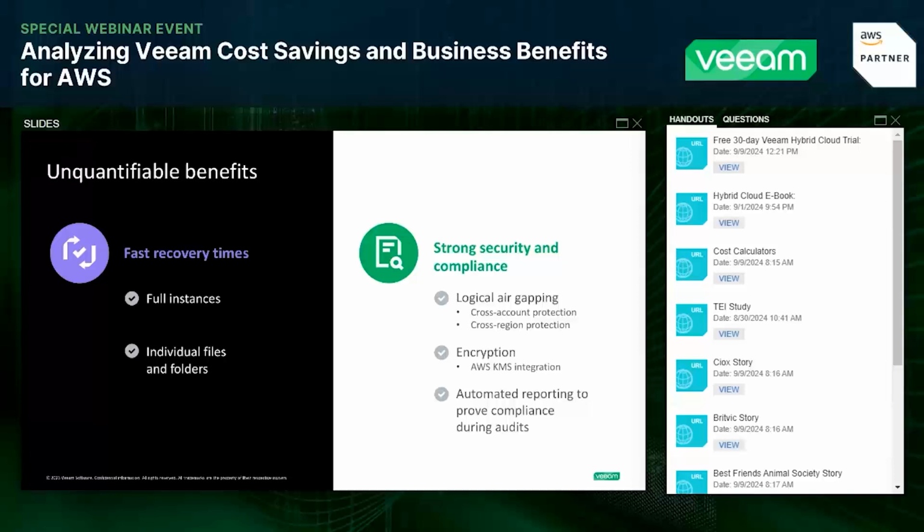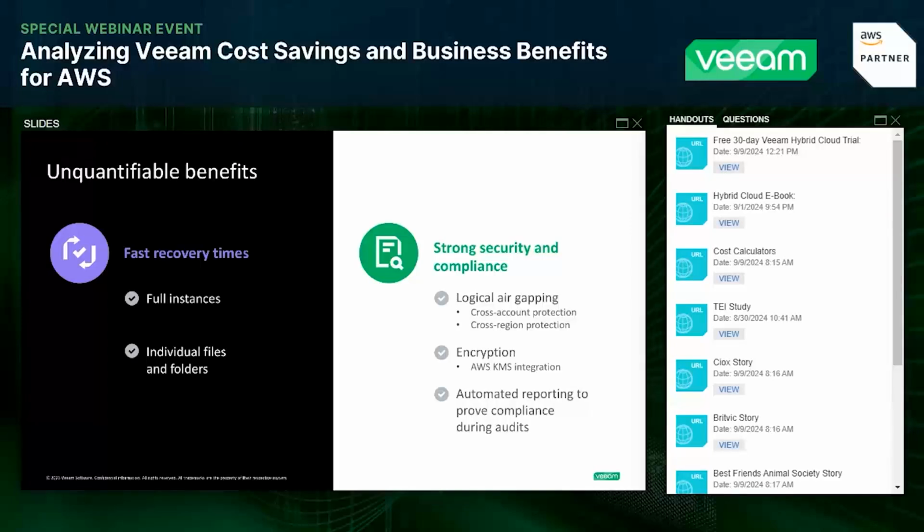As you'll read in the study, the interviewee stated, "File and folder recovery using Veeam with AWS is much cleaner and faster than with our previous product." So not only was this organization more efficient in their recoveries, but it also was a step up. They could recover faster and exactly what they needed without having to do the full instance.